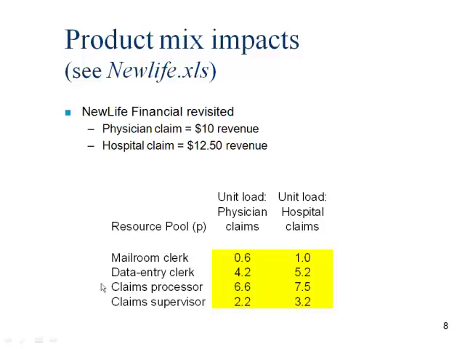However, as you can see down here, they have substantially different unit loads. So yes, we're going to generate more revenue per unit of work, but because the hospital claims require more work per unit, it's going to tend to bring down the theoretical capacity of the process. So we have to ask the question, which is better, sticking with physicians' claims or hospital claims, if we have the choice?